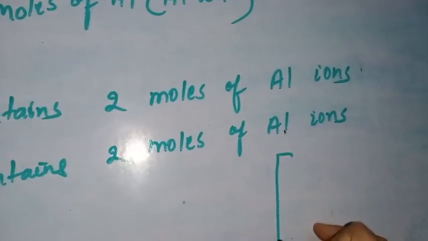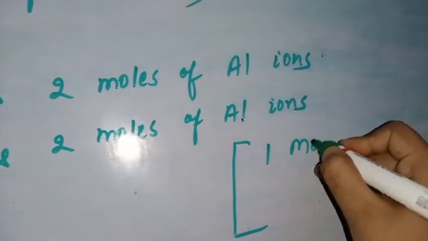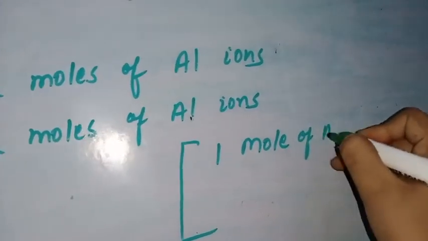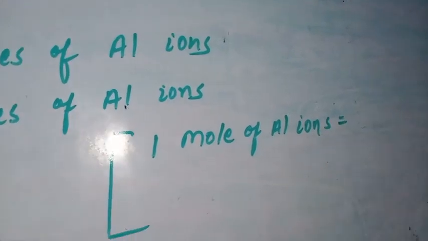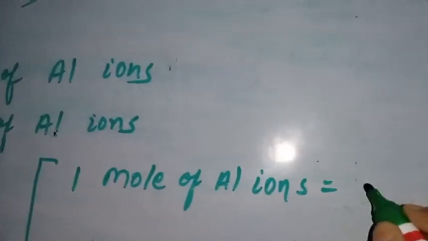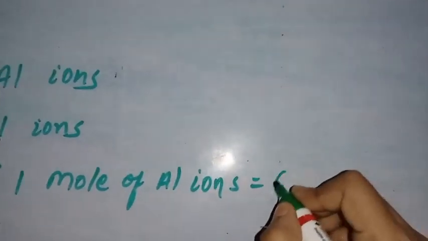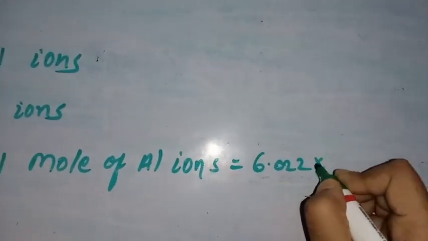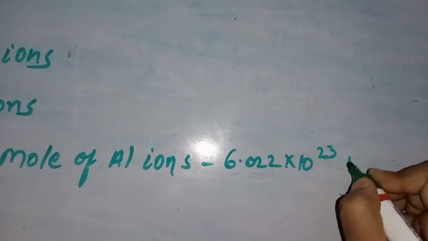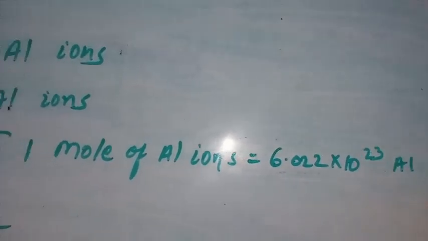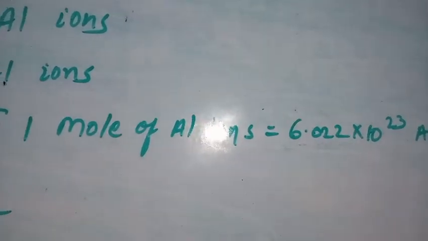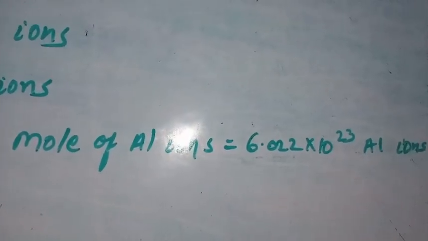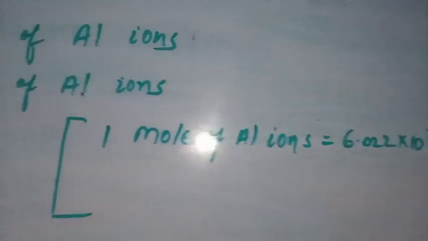Now we know that 1 mole of anything contains the Avogadro number of particles. So 1 mole of aluminium ions is equal to 6.022 into 10 to the power 23 aluminium ions.